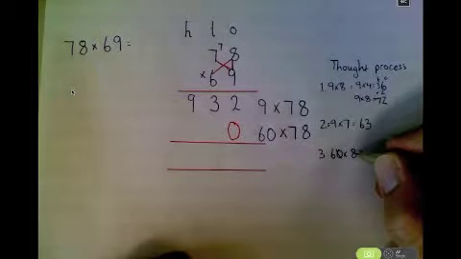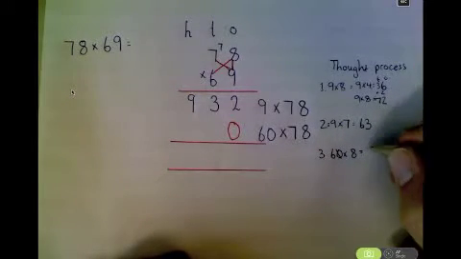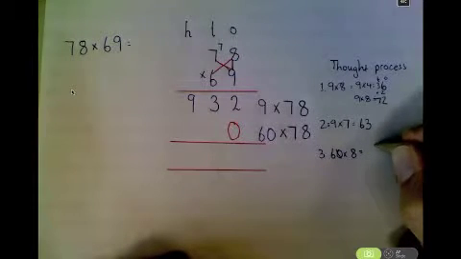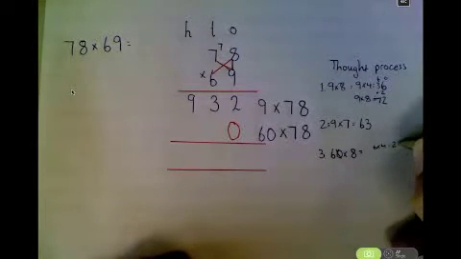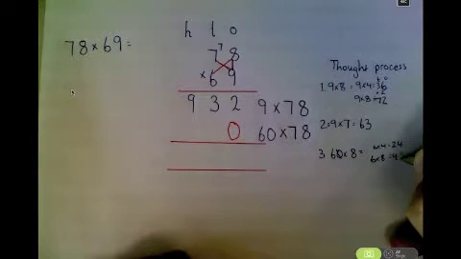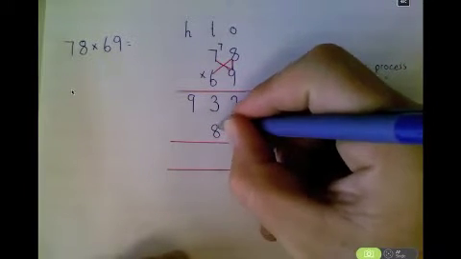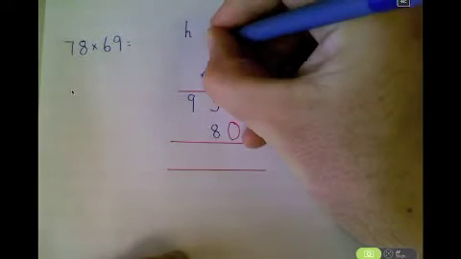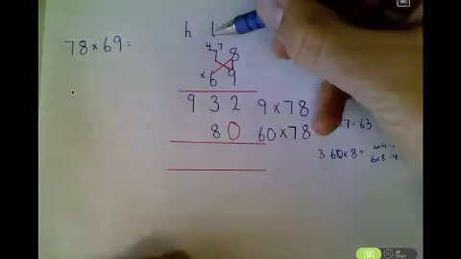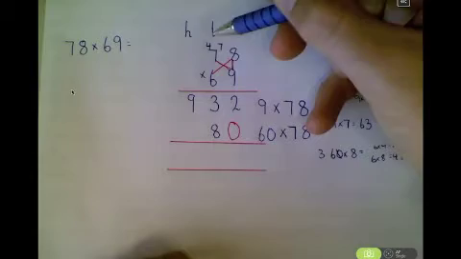So 6 times 8, if you're not sure of that, you should know your 4 times tables and know that 6 times 4 is 24. So to get 6 times 8, you just double that and it equals 48. So we put in the 8 and carry our 4. Notice how I've put this one, carried it, on this side of the 7. This is so I don't get confused between my numbers.